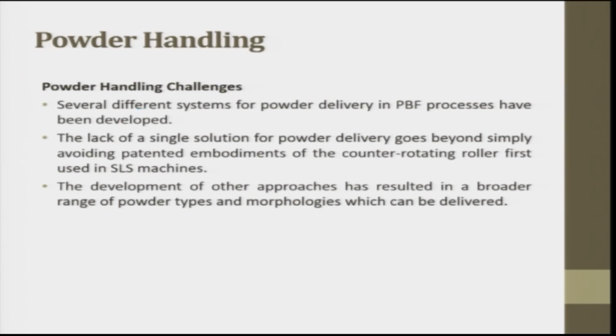Several different systems of powder delivery in powder bed fusion processes have been developed. The lack of a single solution for powder delivery goes beyond simply avoiding patented embodiments of the counter rotating roller first used in SLS machines. The development of other approaches has resulted in a broader range of powder types and morphologies which can be delivered.